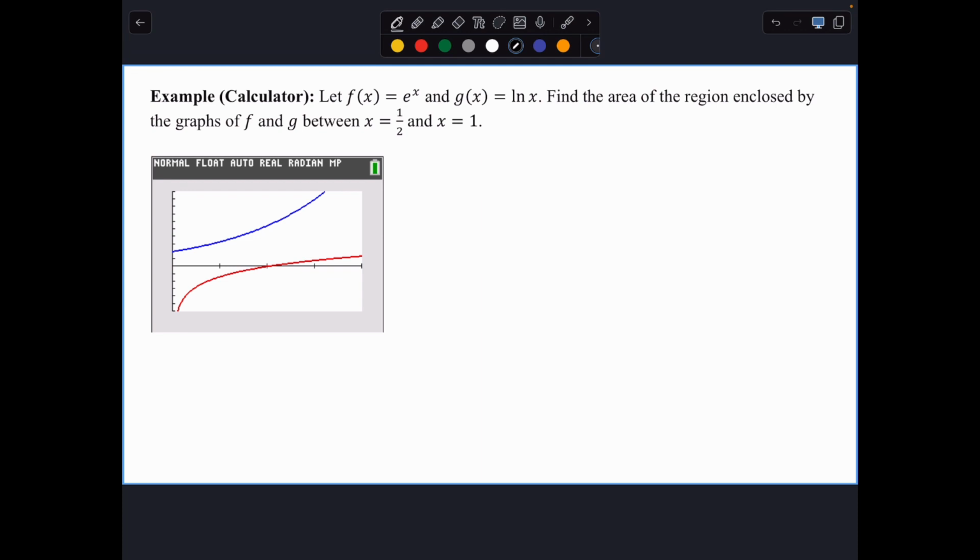Okay, let's look at this calculator active question. So we have f of x would be this top function, e to the x. ln of x would be the bottom function, because you are familiar with what their graphs would look like. And then we want to find the area of the region enclosed by the graphs of f and g from x equals 1/2 to 1.